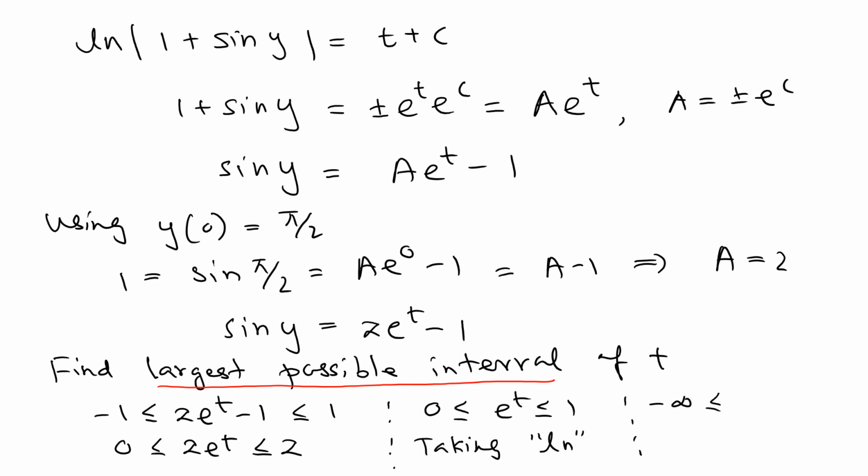Actually, there's a strict inequality here. On the other side, you're going to get 0, because we know ln 1 is 0. So that's going to give you the largest possible interval. That means t has to be between negative infinity and 0. So that's how you solve the problem with the initial value and the largest interval of t.